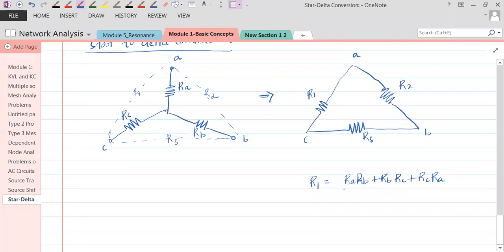In the numerator of all R1, R2, R3, you will have this. In the denominator, what you will have? See, R1 is here, right? So you see opposite to this, vertical to this line, what is there? RB is there, right? So that resistor would come in the denominator. Is everybody okay with this?